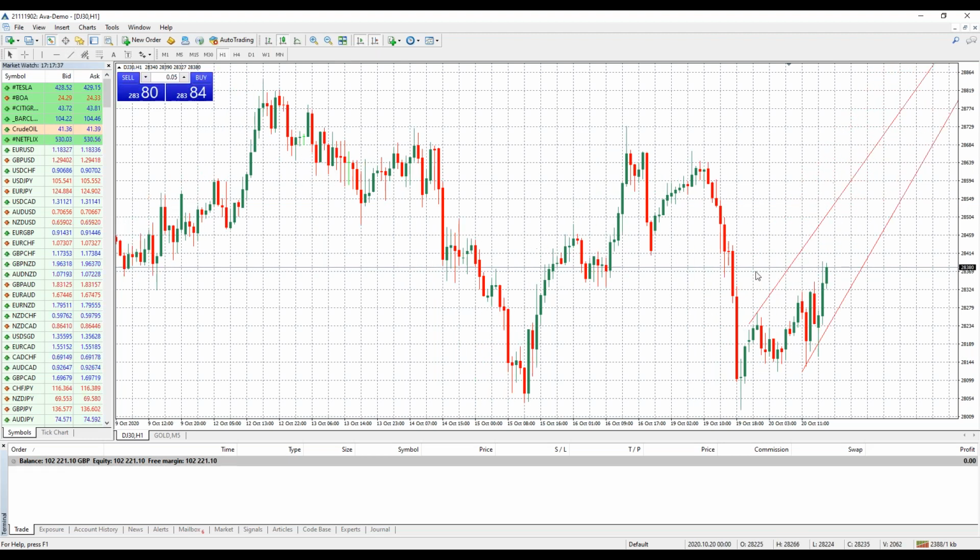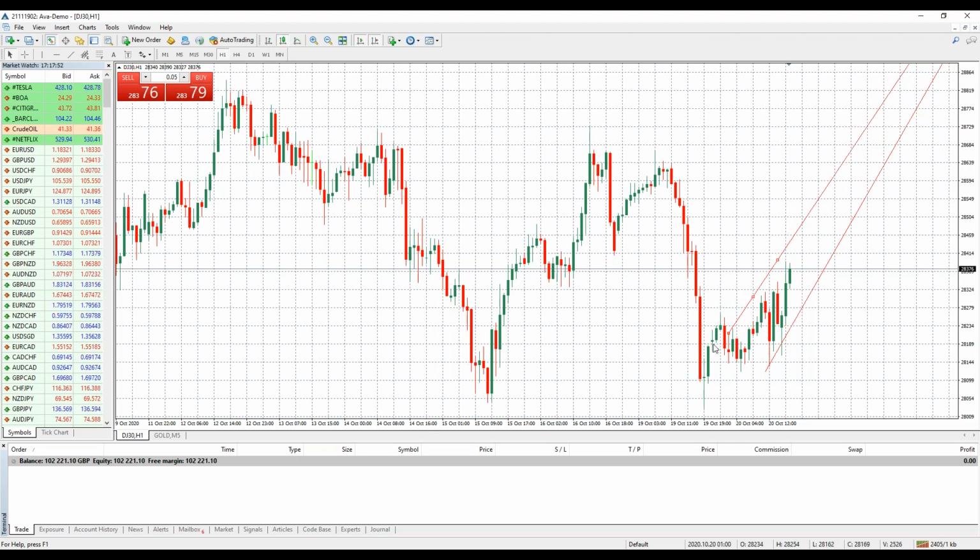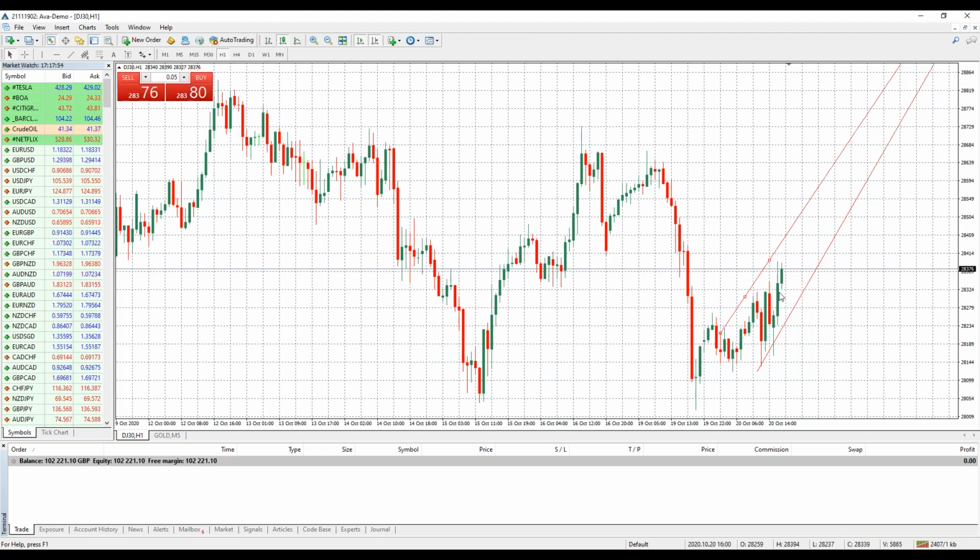And then if we want to only look at today's movement, maybe I get rid of this line here or slide it over a little. And we can see there's the little uptrend or large uptrend that's been occurring today. Here's the 19th, here's the 20th. So this is today, up, up, up, up all day on the Dow Jones.